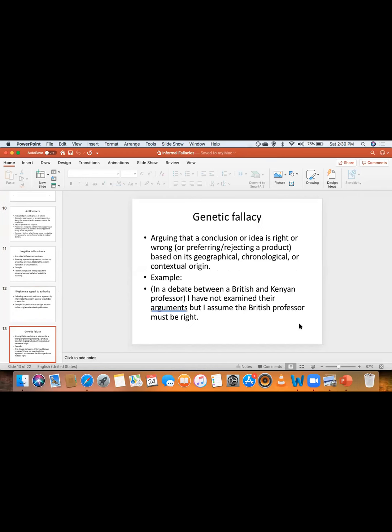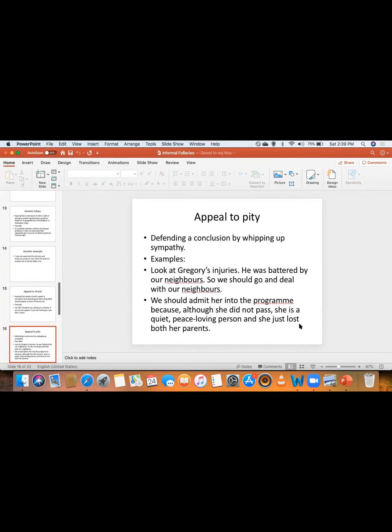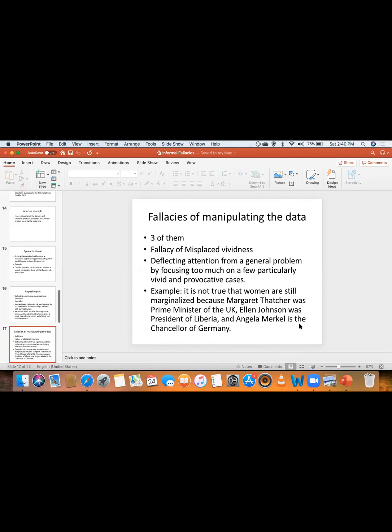Then we saw genetic fallacy. Genetic fallacy is to say that something is right or wrong depending on where it comes from. Then we saw appeal to threat, arguing that people should support a conclusion because if they don't support it, something could happen to them. Then appeal to pity, defending a conclusion by whipping up sympathy.